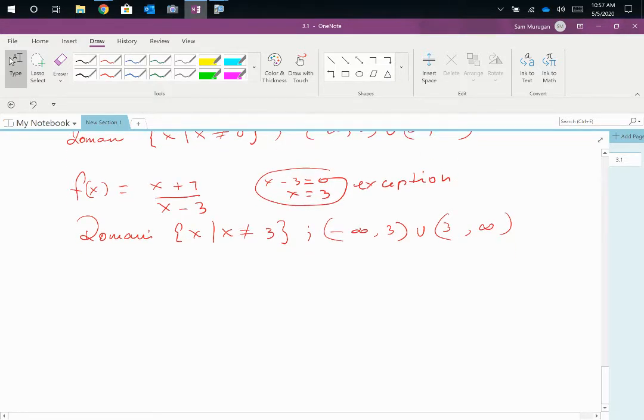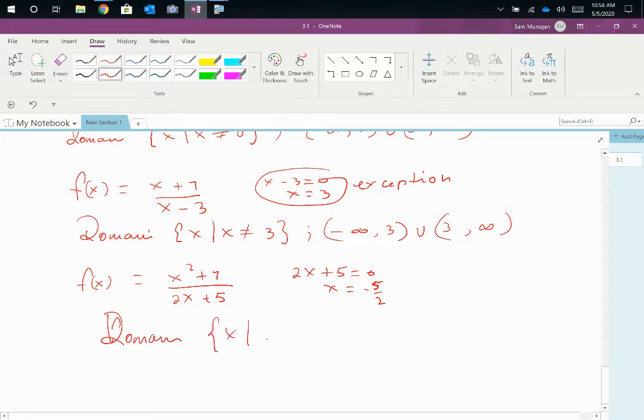If we have, say, f of x is equal to x squared plus 7 over 2x plus 5, and we set that denominator equal to 0, we get x is equal to negative 5 over 2. This means that the domain x cannot equal negative 5 over 2, because if we substituted negative 5 over 2 into the denominator, we would get 0, okay?